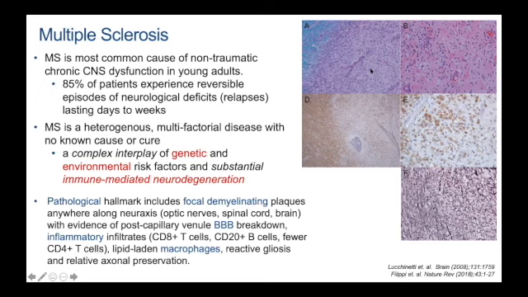There's evidence of post-capillary venule blood-brain barrier breakdown with inflammatory infiltrates, including CD8 T cells, CD20 B cells, some CD4 T cells. These are active astrogliosis. And then you can see lipid-laden macrophages with relative preservation of axons.